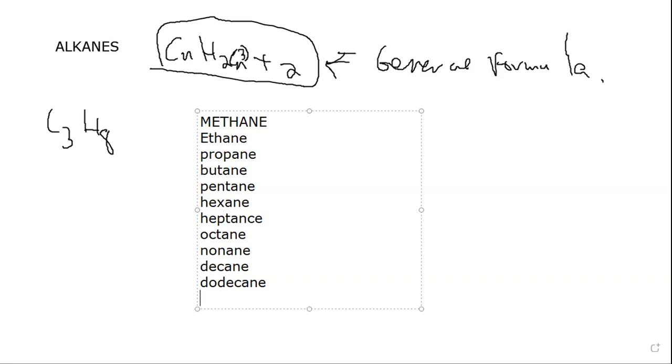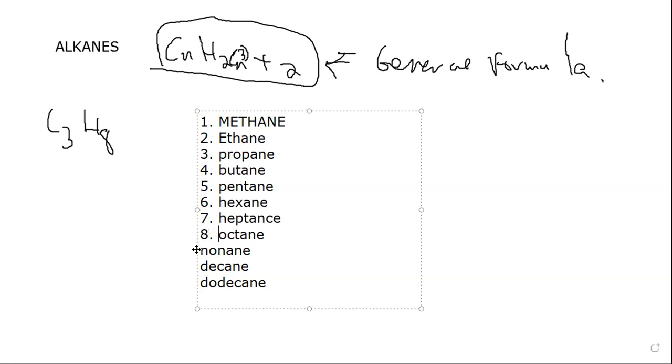But this right here means it has 1 carbon, 2 carbons, 3 carbons, 4 carbons, 5 carbons, 6 carbons, 7 carbons, 8 carbons, 9 carbons, 10 carbons, 11 carbons.